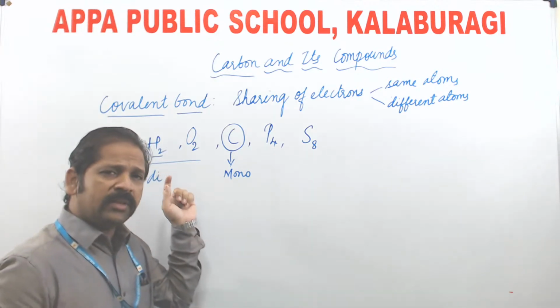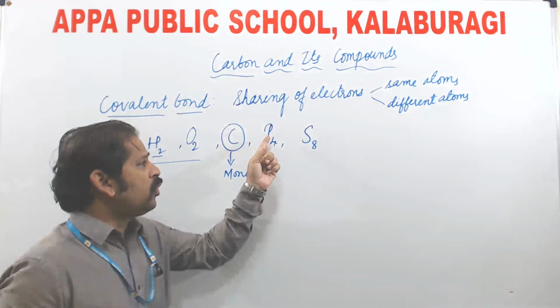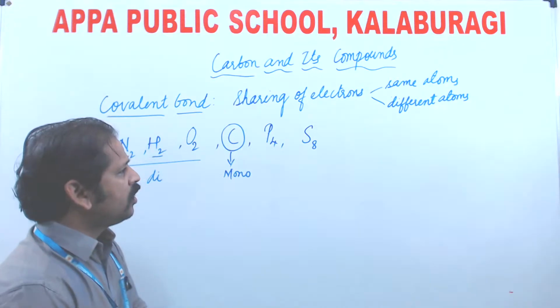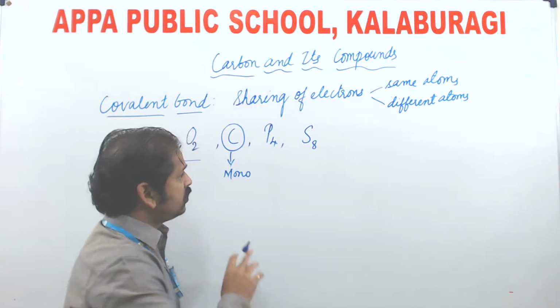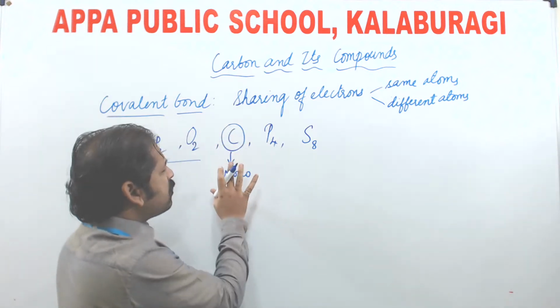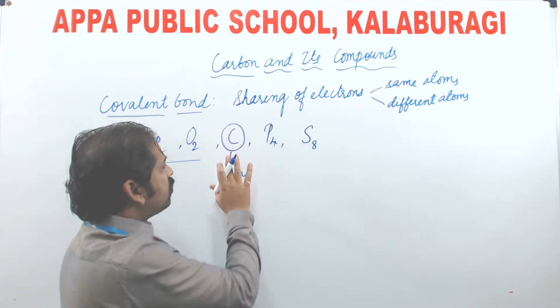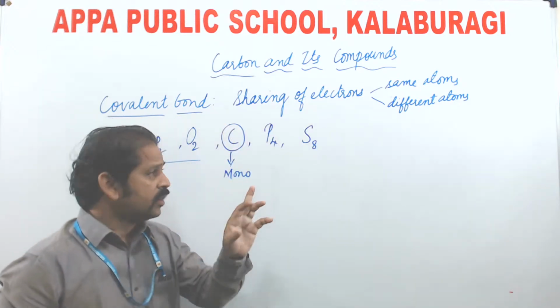N2, nitrogen sharing with nitrogen, with three electrons between each other. P4 phosphorus and S8 sulfur are sharing to get an octet structure. Carbon has no change here, nothing is sharing here, but it will share with other elements.